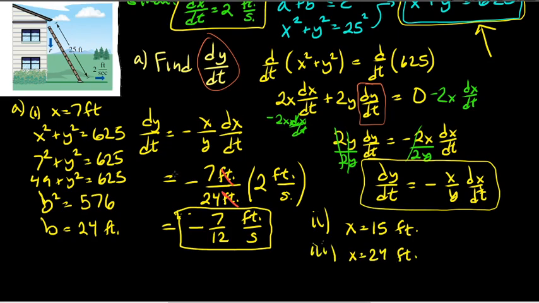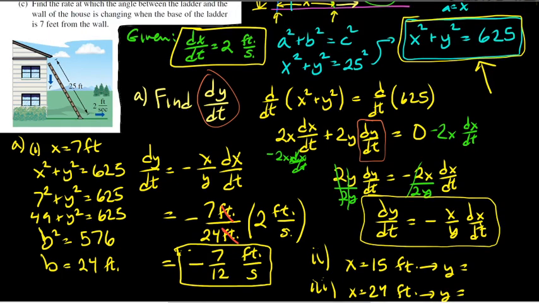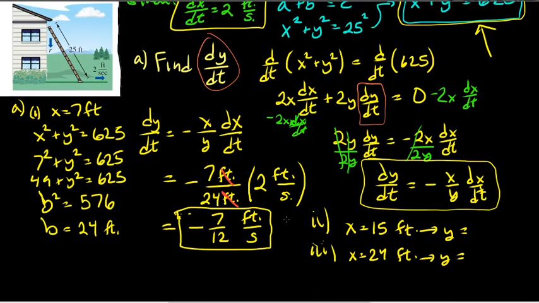And again, you're plugging in different numbers. You have to find y. And then plug in the same dx over dt, which is 2 feet per second. That was up here. So I think you can handle that. You're just plugging in different numbers here. And to give you a little bit of a spoiler alert: if x is 15, y is also 15.